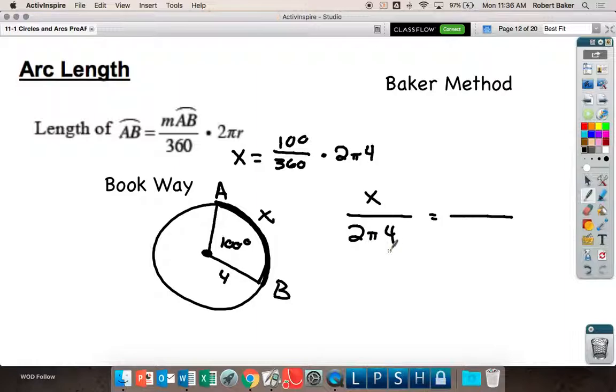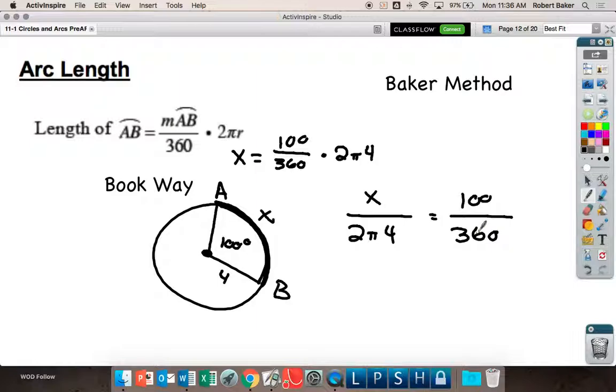Or 8 pi. Now the other side is degrees over degrees. How many degrees is the arc we're trying to find, over how many degrees is the circle altogether? I like this way better. It works for sectors, it works for radians, it works for all that stuff. It's just two different proportions. Does that kind of make sense?